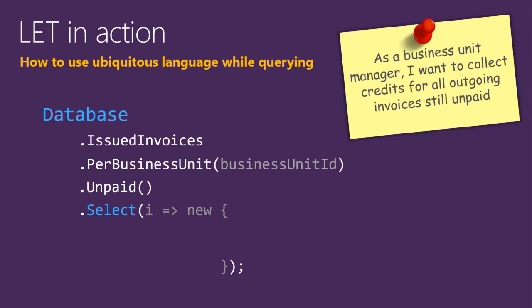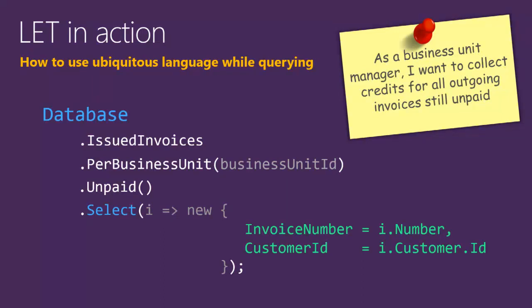Here is the projection of data we want to capture. In this example, invoice number and customer ID are data we actually select. If you put this code in the application layer, as close as possible to the actual Razor view, if you are using ASP.NET MVC, these are just pieces of data that you want to display, that you want to pass to the Razor view.